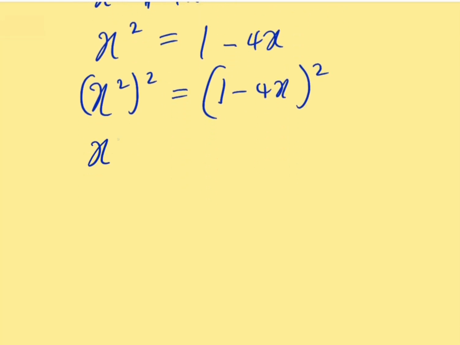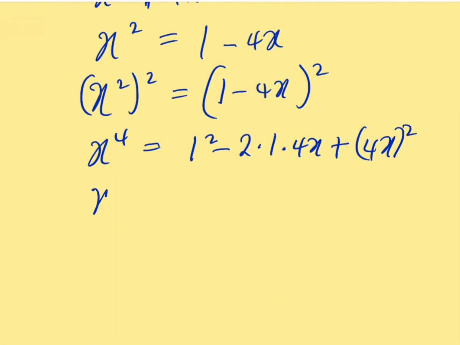So you now have x to the power of 4 equal to, opening this bracket will give us 1 squared minus 2 times 1 times 4x, then plus 4x all squared. So x to the power of 4 will be equal to 1 minus 8x, then plus 16x squared.